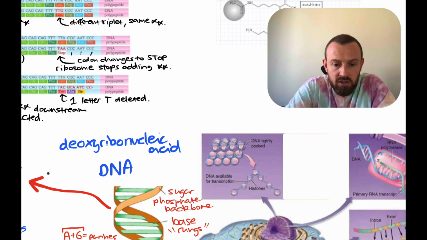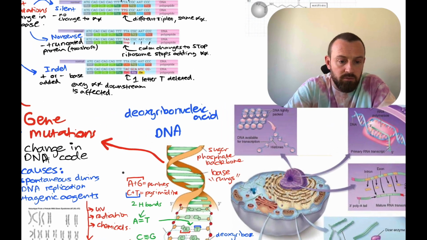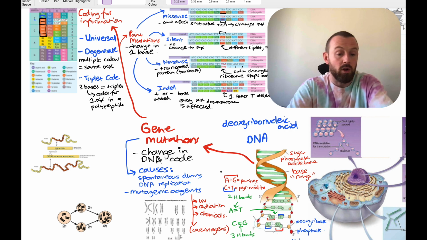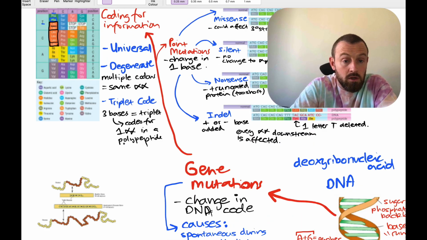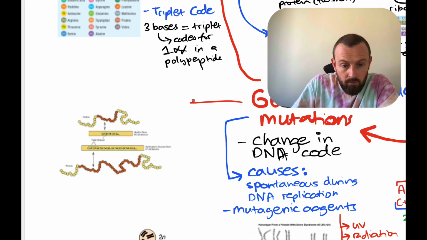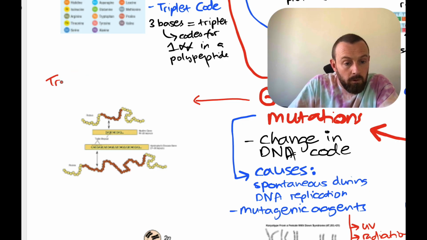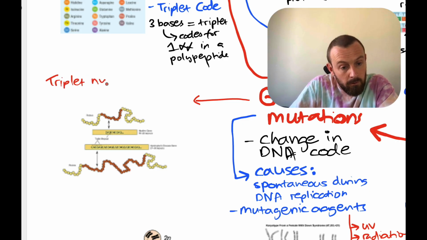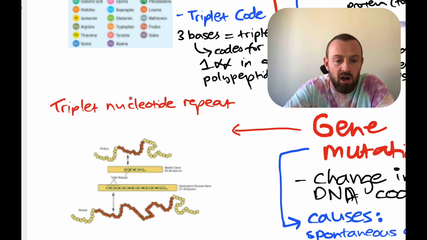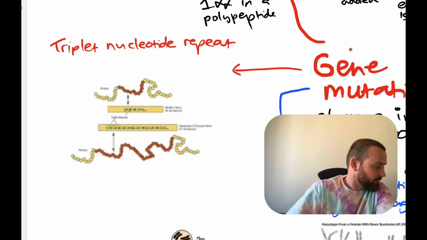But I wanted to spend a little time as well on other types of mutation which can occur. The first one is a triplet nucleotide repeat. Now, in some genes, there are naturally occurring repeated sequences of letters.